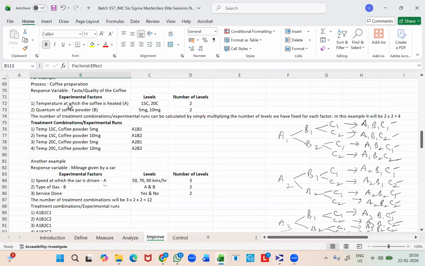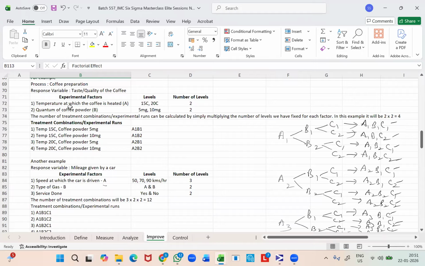Both the experimental factors have a main factorial effect. That means on its own, they can create that impact as far as the taste of coffee is concerned, or they can combine together and create that interaction effect, right? Which would have a huge influence on the taste of coffee.